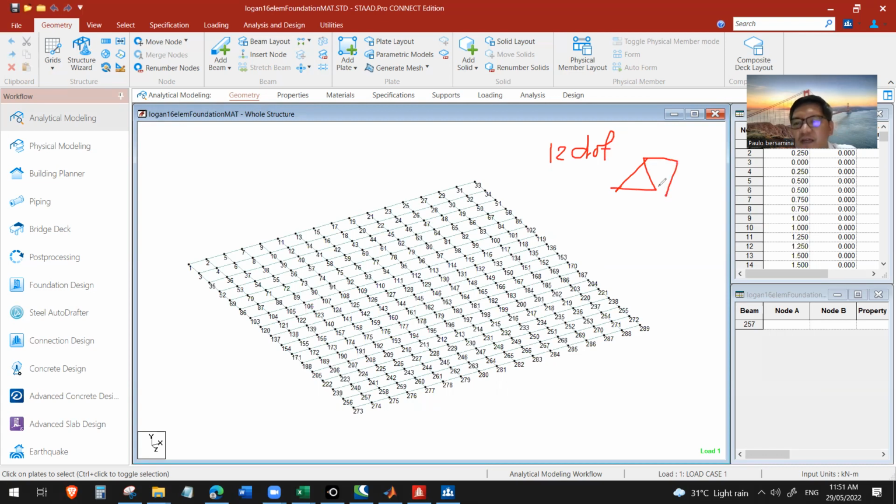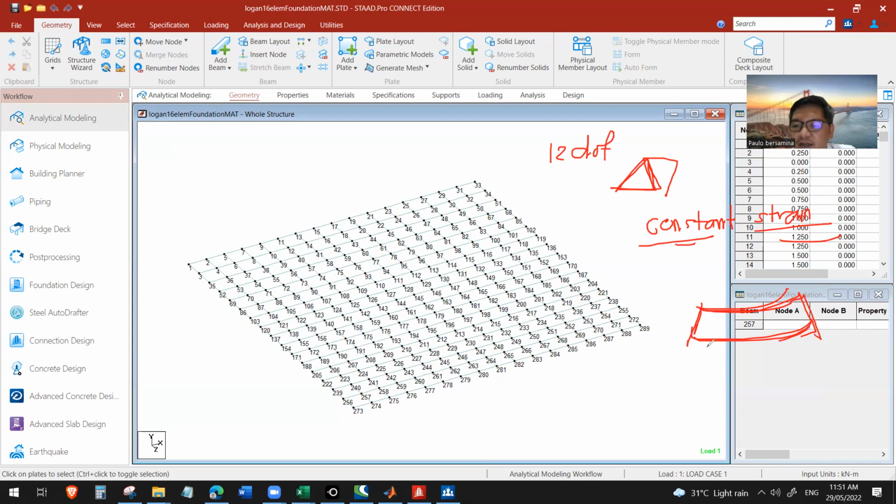However, ang limitation kasi ni triangular is yung constant strain. So meaning hindi maganda yung output niya ng strain. Kasi constant, ibig sabihin in an element, iisa ng strain yan, unlike yung plate natin, rectangular plate, nagbabago yung strain niya.